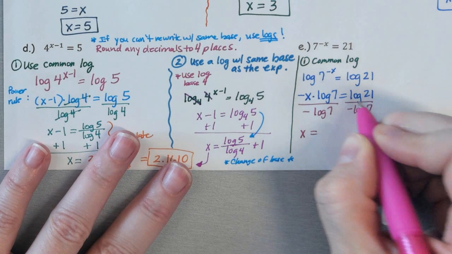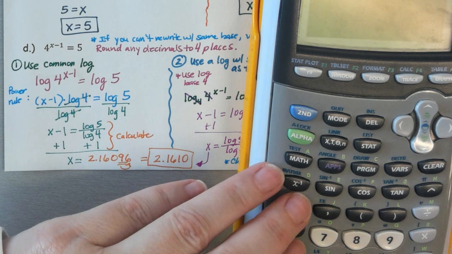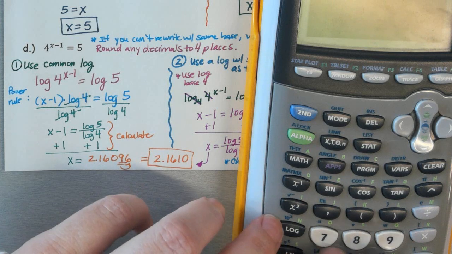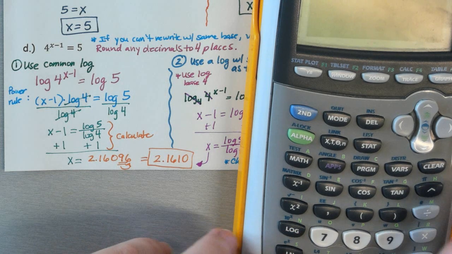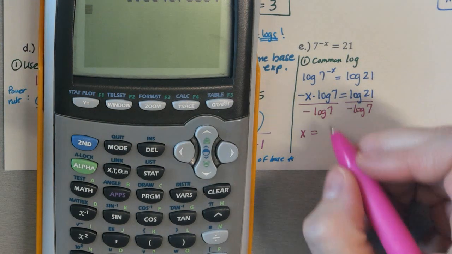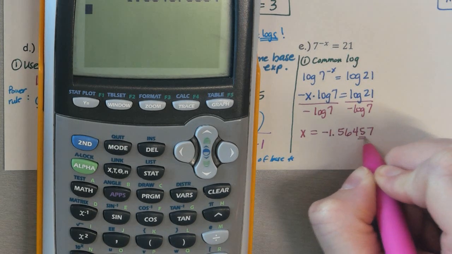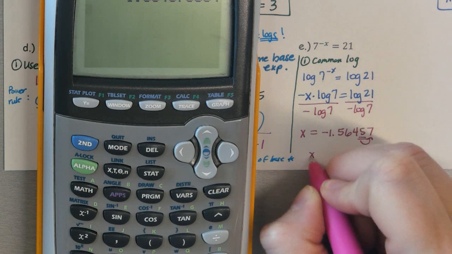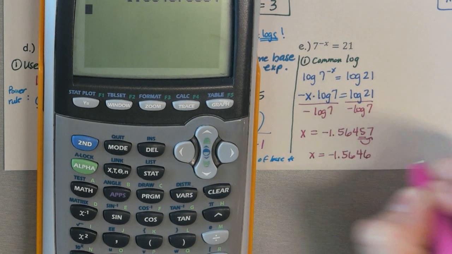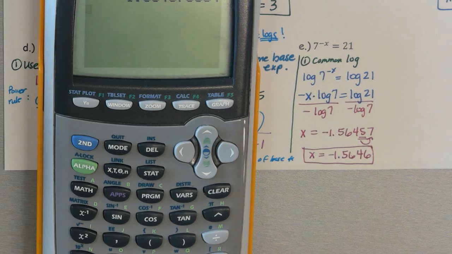So the log of 21 over negative log of 7, and you do have to use that negative. Then we're going to round to 4 places after the decimal. So we have negative 1.56457. I always underline this and then look at the next one. So negative 1.5646. That bumps it up.